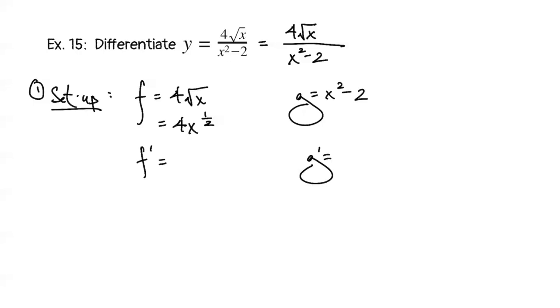For F prime, I got 2 over root x. 2 over root x. Okay. So I agree with that. I'm going to write out some extra steps here just so we get to that.